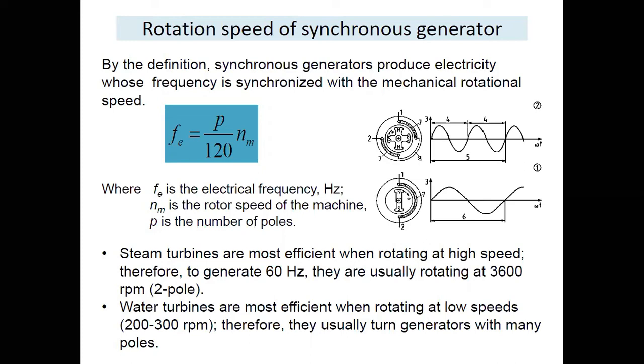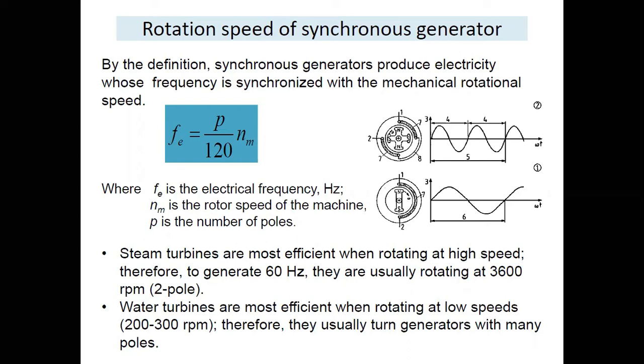By definition, the synchronous generator produces electricity whose frequency is synchronized with the mechanical rotation speed. As we all know, synchronous speed depends on the number of poles and the rotor speed of the synchronous generator. So if we look at the formula, frequency is equal to P by 120 into N.